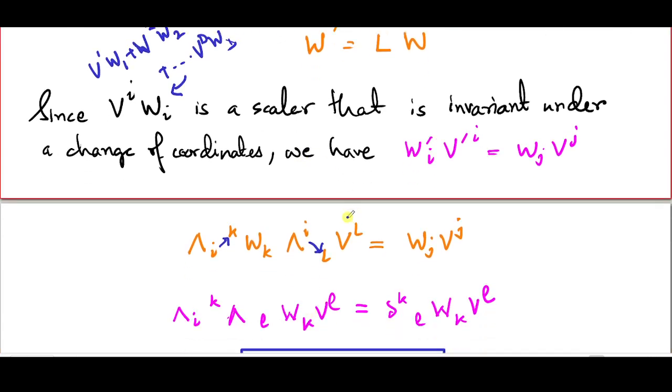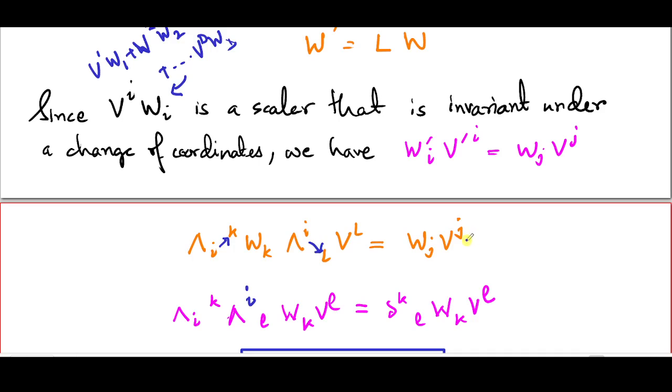Now, this entity is nothing but a number, so I can of course pull it in front. So I get lambda ik, lambda il, wk vl. Now you have wk vl, the original w and v components.